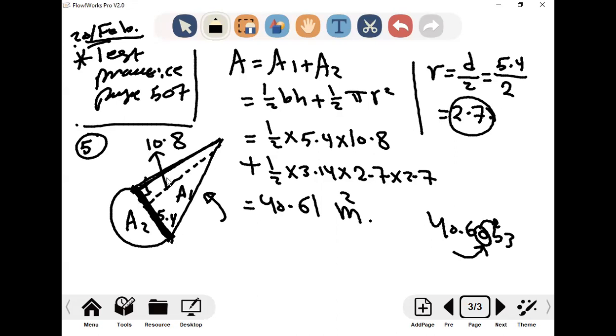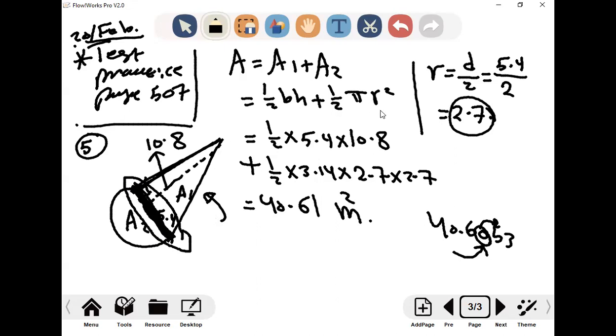Normal, because here you multiply base height or height base. It won't make any difference, okay? But half pi r power 2. Now this is not the radius, it is what? For the circle, it is the diameter.